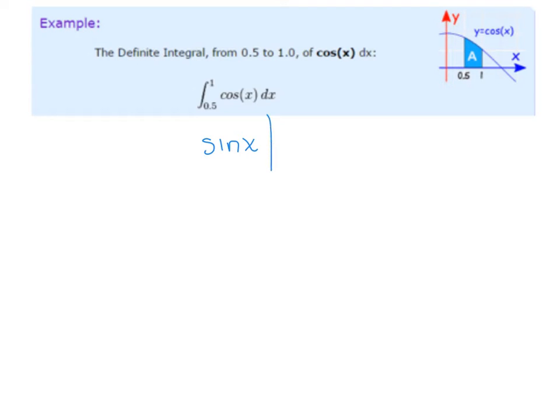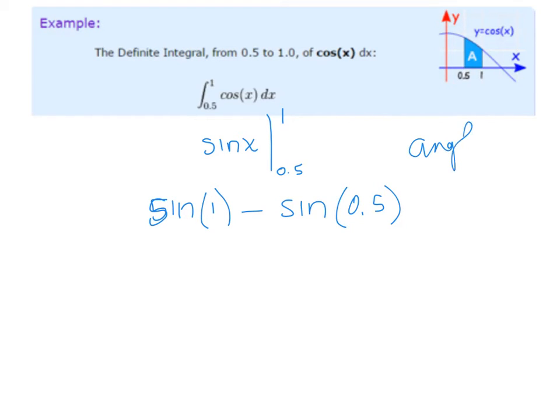I want the definite integral, so I'm going to go from 0.5 to 1. We evaluate this by saying the sine of 1 minus the sine of 0.5. Now remember, these are angles in radians.